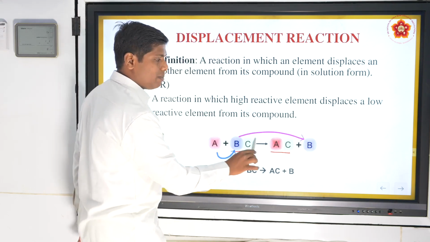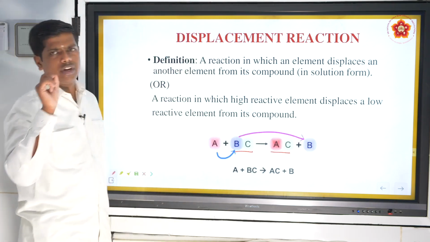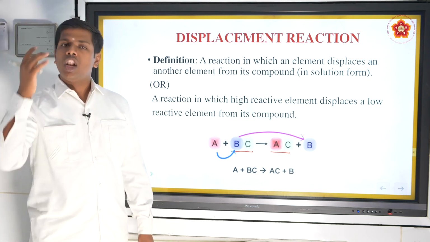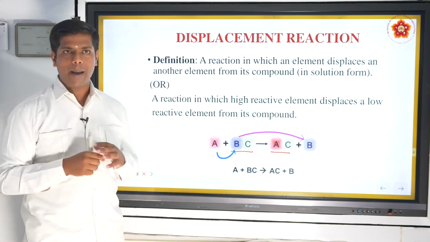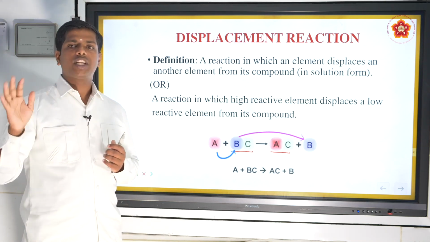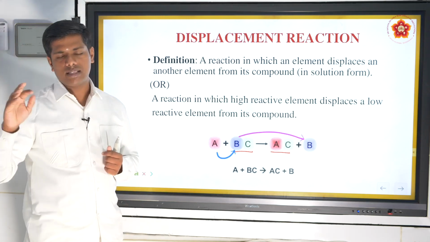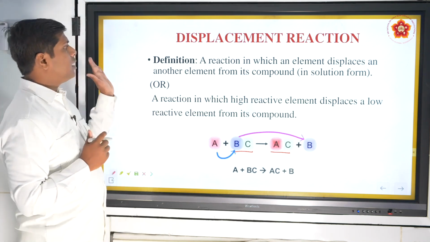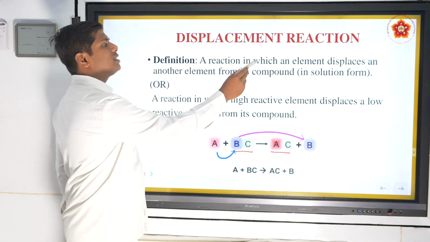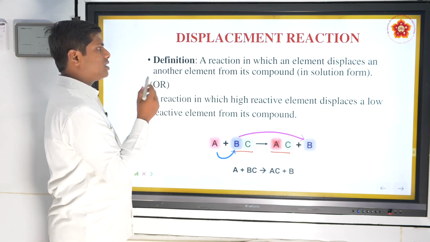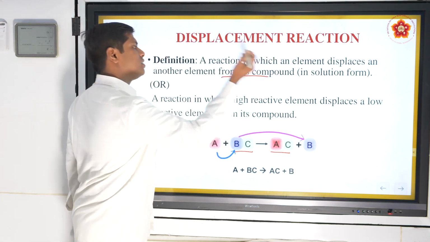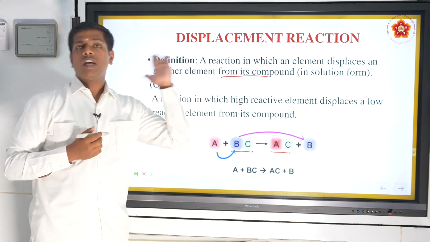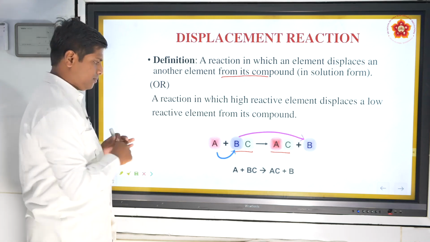In this reaction B is displaced. You should remember that a highly reactive element displaces a less reactive element. This is a common example. Always a highly reactive element displaces a less reactive element. In definition, a reaction in which an element displaces another element from its compound in solution state, or a highly reactive element displaces a less reactive element.